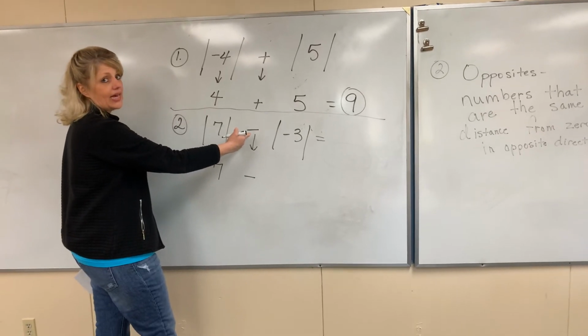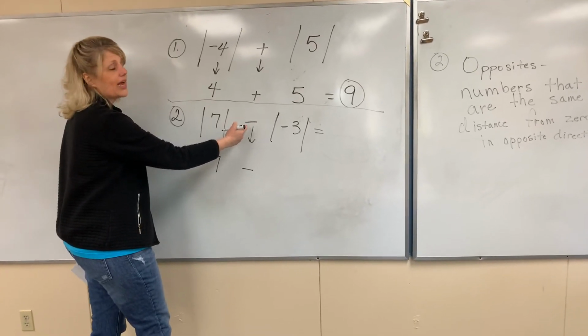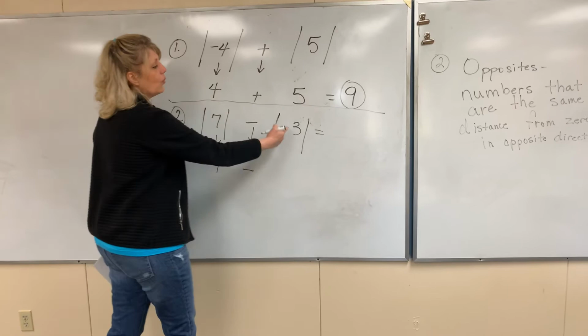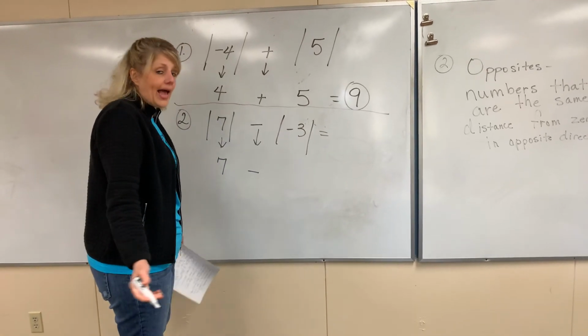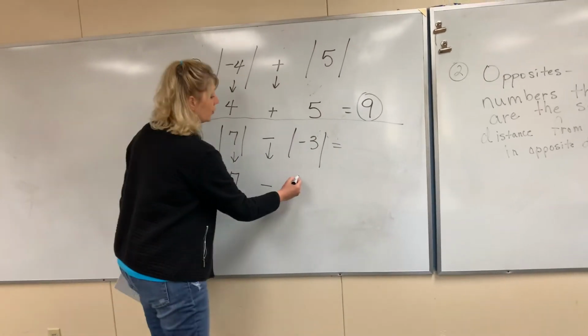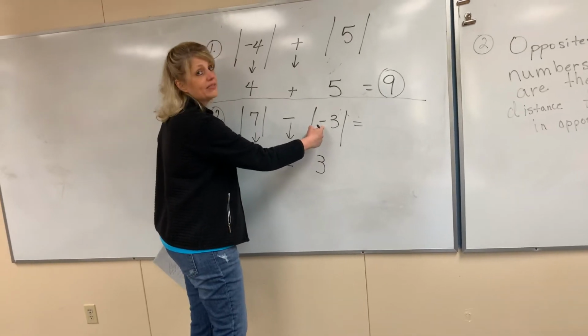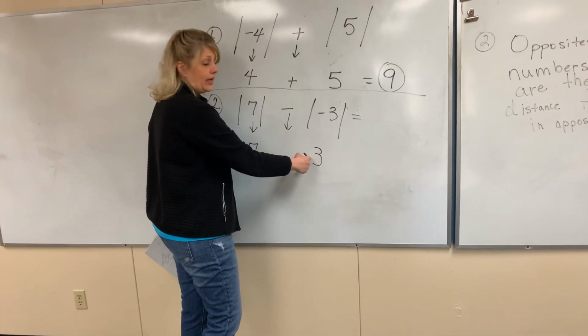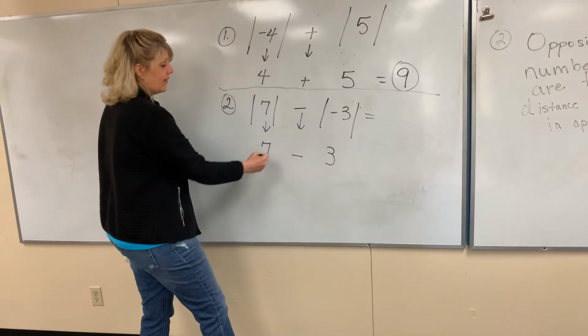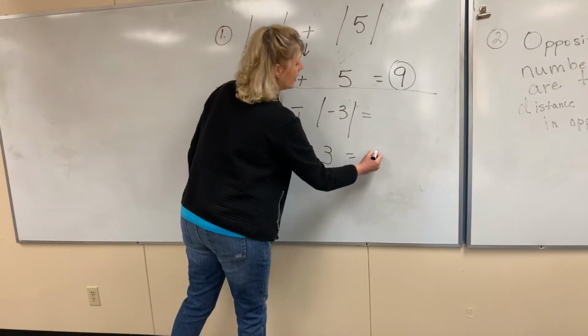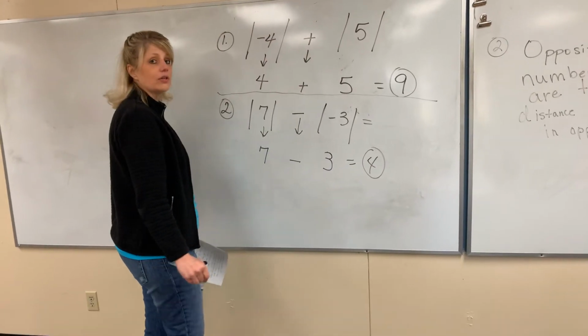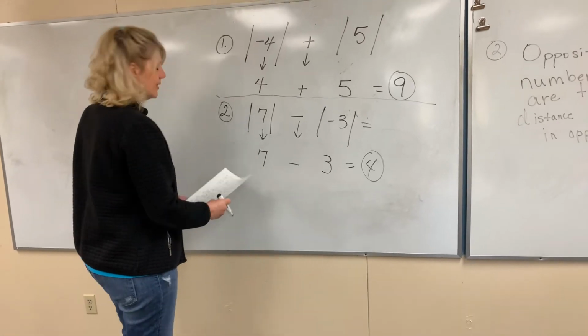That's a subtraction sign, not a negative sign. What's the absolute value of -3? How many steps are you from 0? 3. Remember, you can't be negative steps, so it turns to 3. Then your equation is 7 take away 3 is 4. So your answer is 4. Okay, let's try one more.